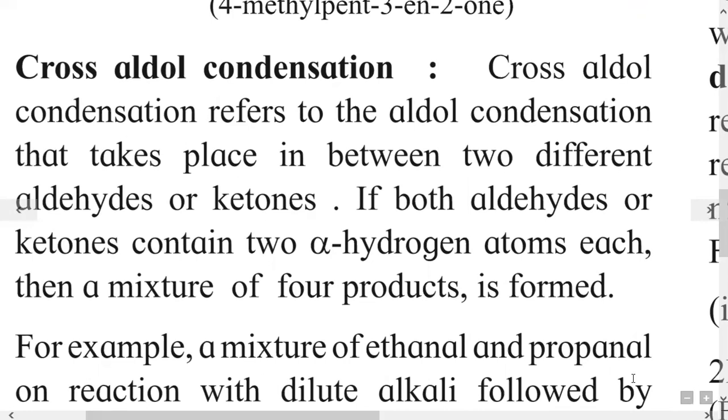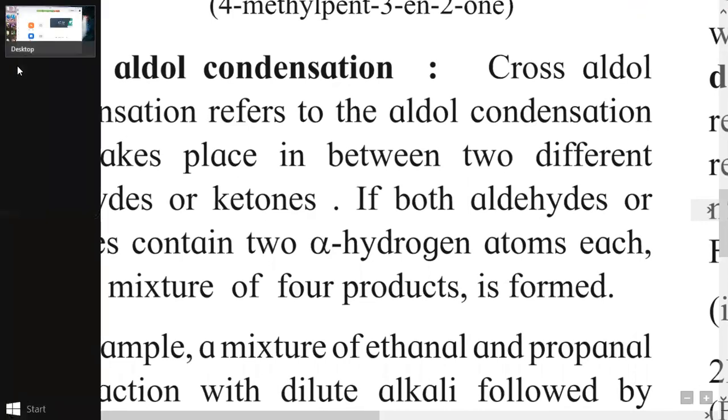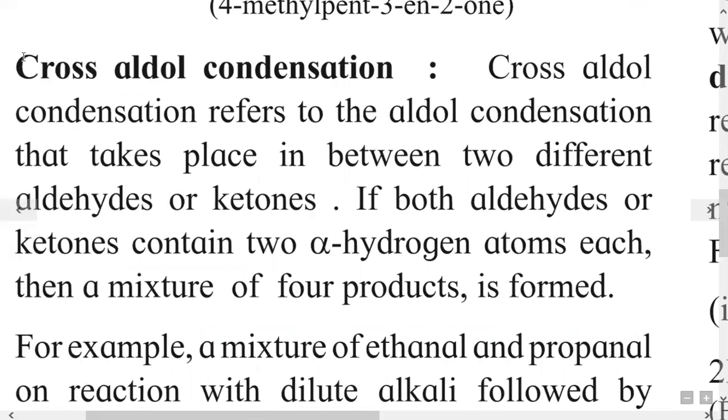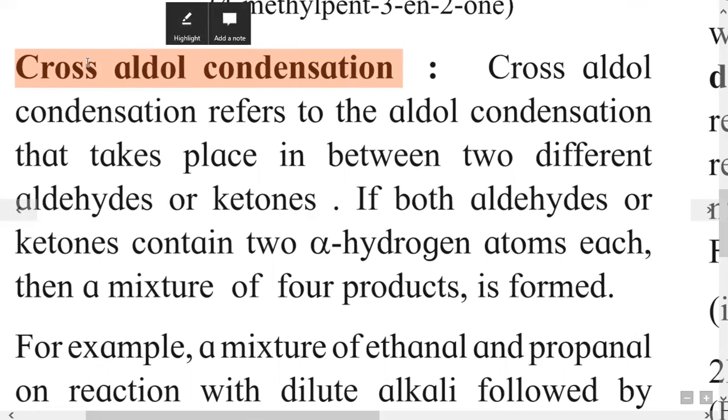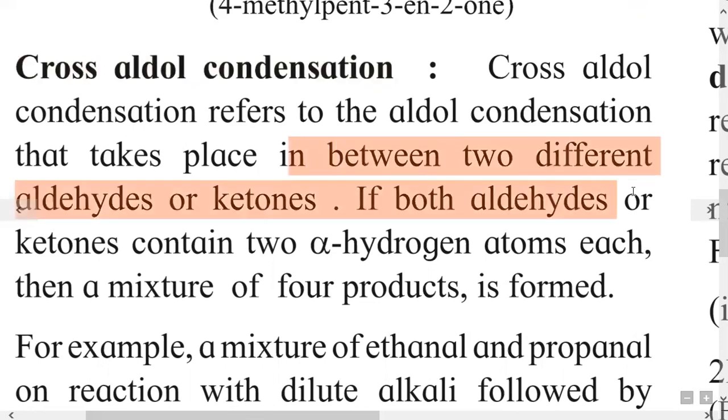Now we will study different molecules of aldehyde or different molecules of ketone undergoing a similar type of reaction, and that is called cross aldol condensation reaction. So cross aldol condensation refers to the aldol condensation that takes place between two different aldehydes or ketones.